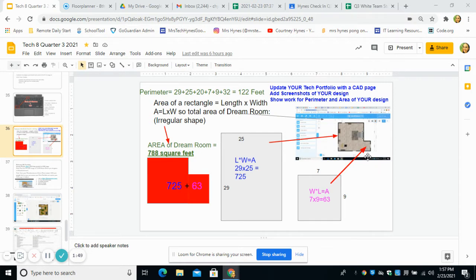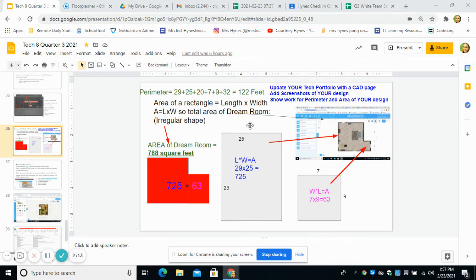So that's what I was trying to show here: this wall length was 29 feet, this wall length was 25 feet, versus this smaller section was like 7 by 9. If I add those two areas together, I would get the total square feet of my property. That's what I would be marketing and advertising.